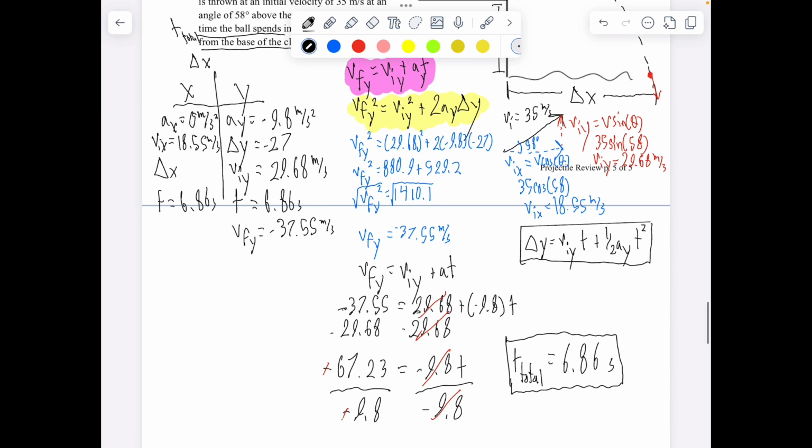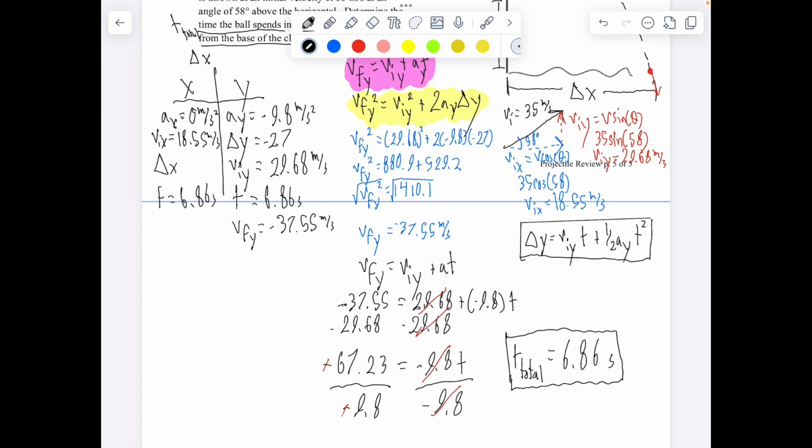We're able to solve for our delta x using the equations we've used so many times. Our delta x is equal to our initial velocity in the x times time plus 1/2 the acceleration in the x times time squared. Since the acceleration in the x direction is 0, this whole term cancels out, goes to 0, and we have delta x equal to our initial velocity times time. Let's plug it in, 18.55, just pulling it from our data table.